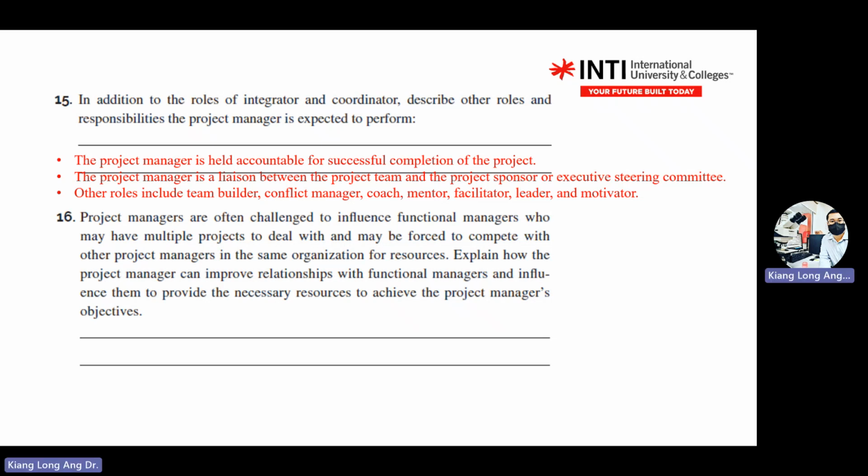So you do team building, you solve conflict, you become a conflict manager, you become the coach sometimes. If you have good expertise, you are the expert in that area, so you become the coach. Or liaison. This one means you coordinate.